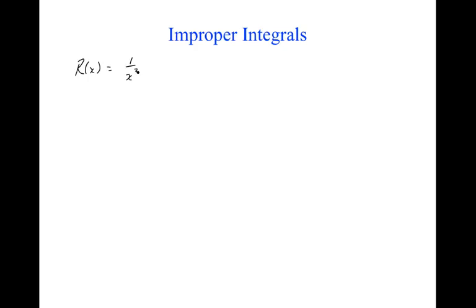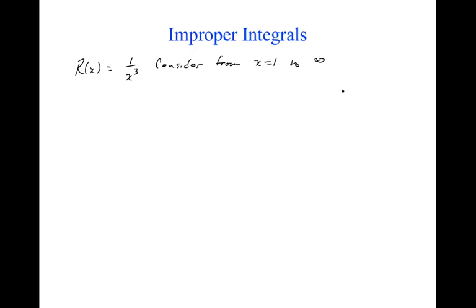This is my rate of change function. And consider from x equals 1 to infinity. Again, I've got a rate of 1 over x cubed. And I'm going to start accumulating at x equals 1, and then just accumulate. By saying from x equals 1 to infinity, I'm just saying keep accumulating indefinitely, never stop.